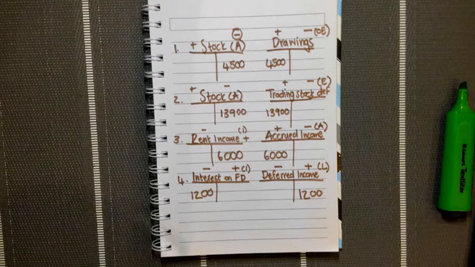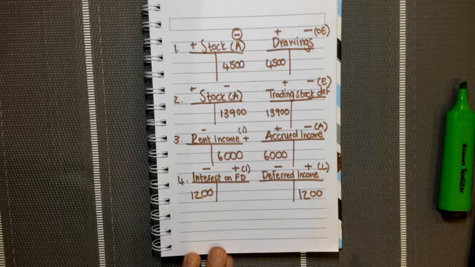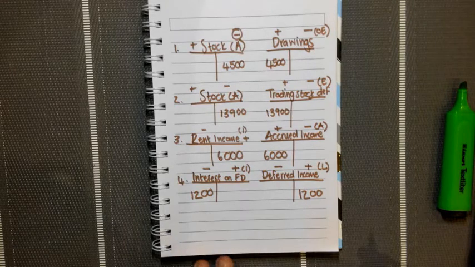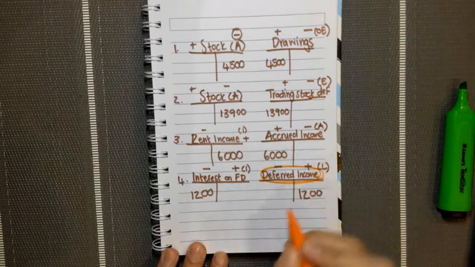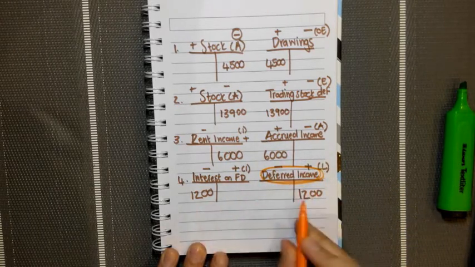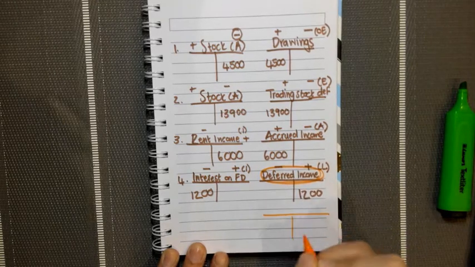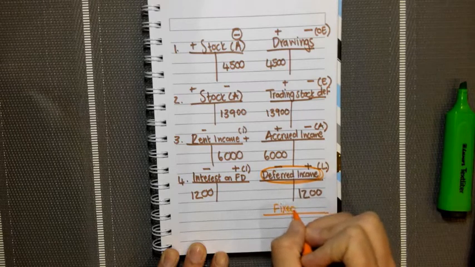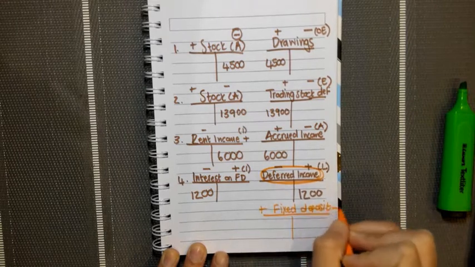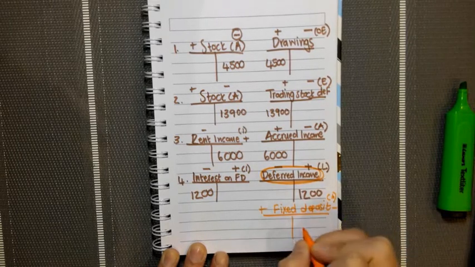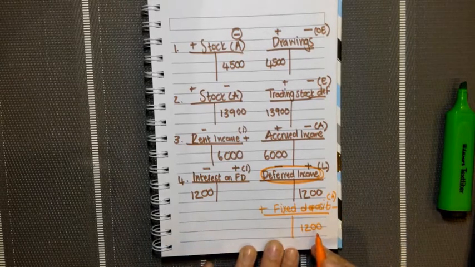If interest on the fixed deposit was capitalized, okay, this question always pops up. What if it was capitalized? The only thing that will change is the name of this account. It will have the same effect, but if it was capitalized, then the credit would have been the fixed deposit itself, which is an asset, and we would make it smaller because the money would have already been added, but it shouldn't have been added yet.